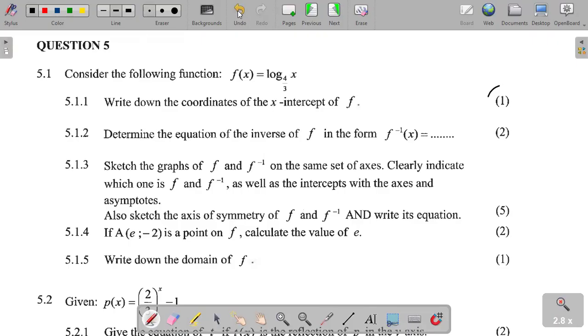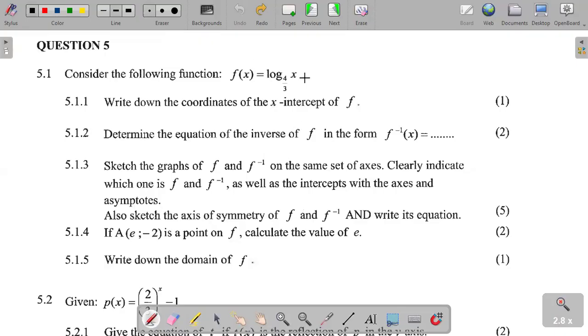You should be able to read this thing from the graph. Okay? The x-intercept, what does that mean? y equals 0. Okay. y will be 0 when x is 1. If you put 1 here, log 1 will give you 0.